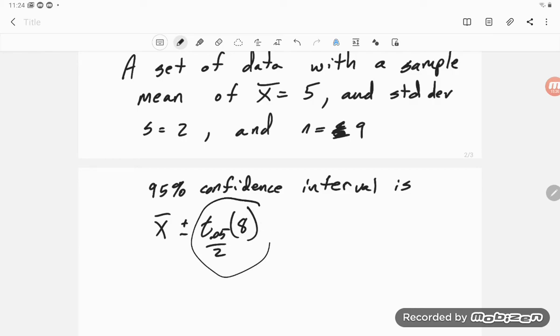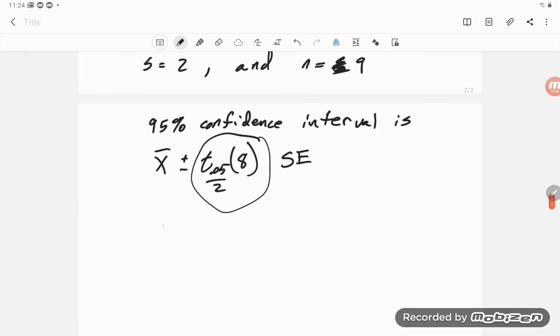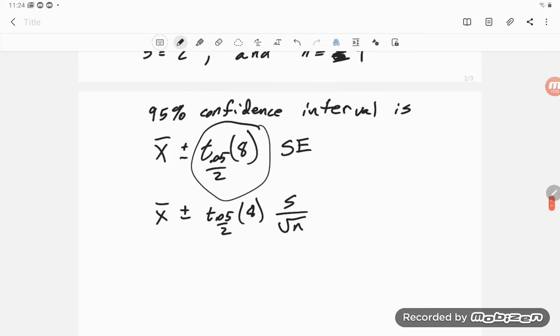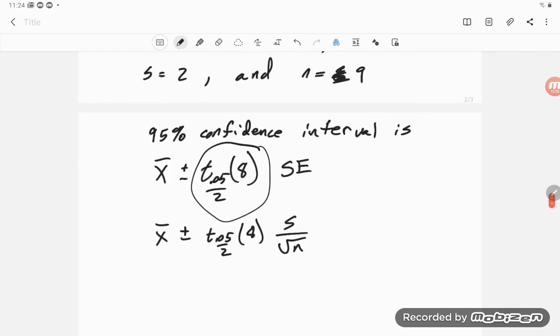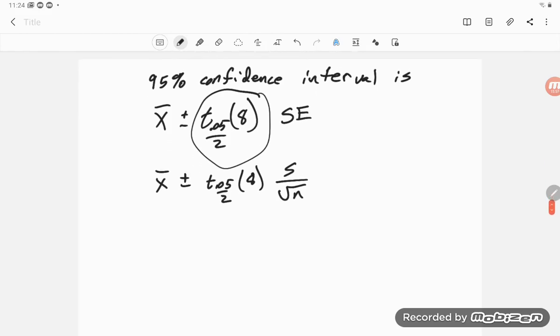Okay, and that's all one number. That's just a long name for a single number. And then times the standard error. Okay, but that is x bar plus or minus t 0.05 over 2 of 8 degrees of freedom. And the standard error is my s over the square root of n. Okay, so to get that standard error of the mean, I need to do that.